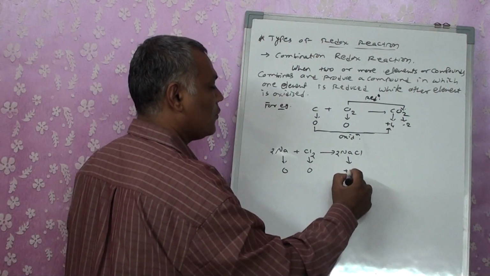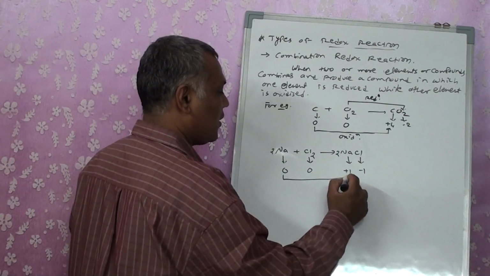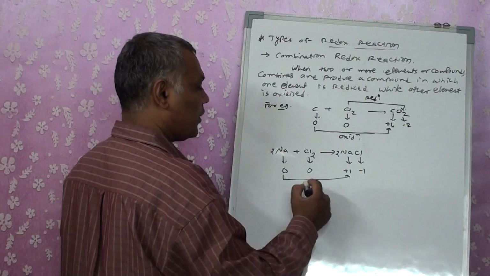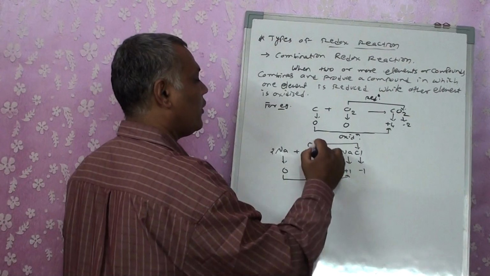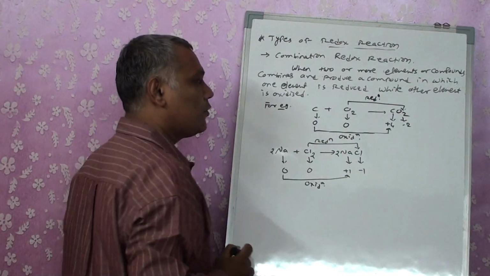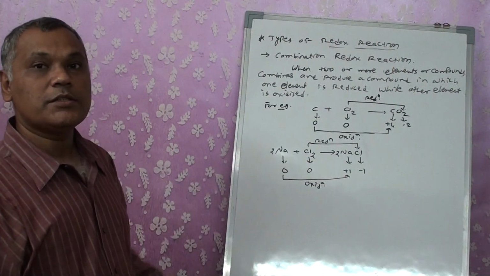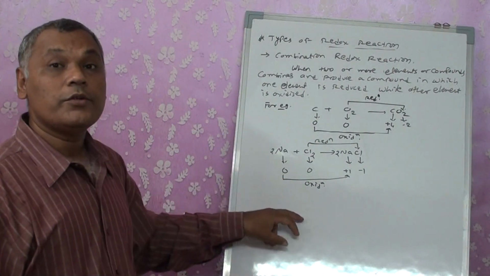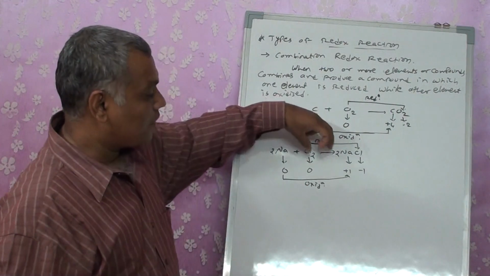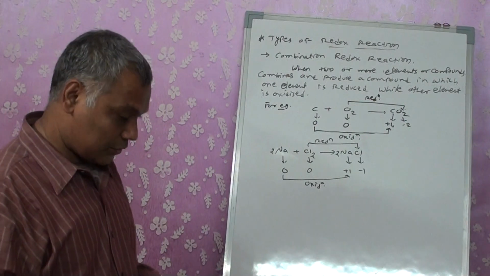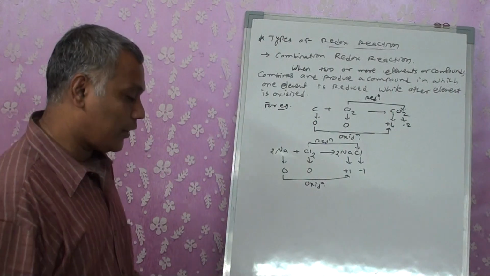NaCl is a compound, so Na is plus 1 and Cl is minus 1. So Na from 0 to plus 1 is oxidized. Chlorine has reduced. Sodium is the reducing agent, chlorine is the oxidizing agent. Two elements react and combine to form a compound, so it is known as combination reaction.